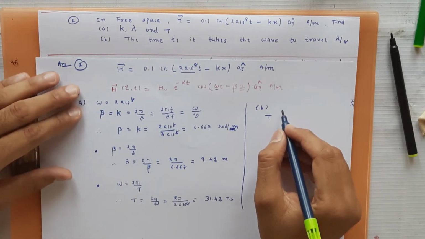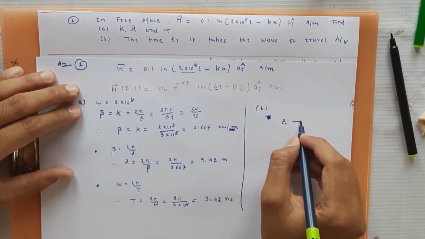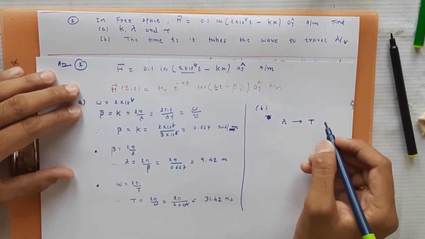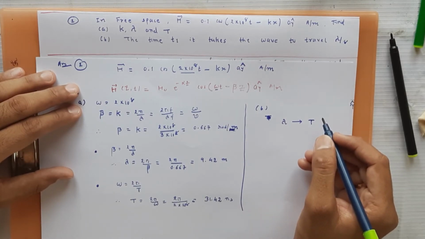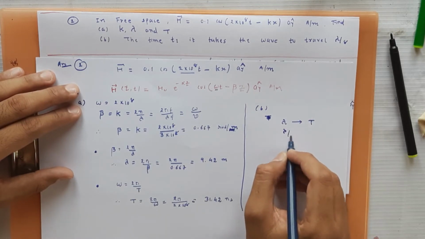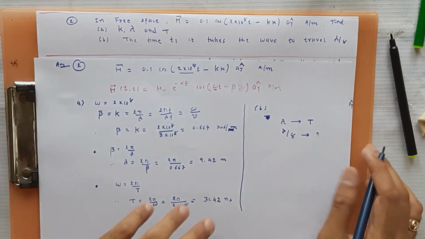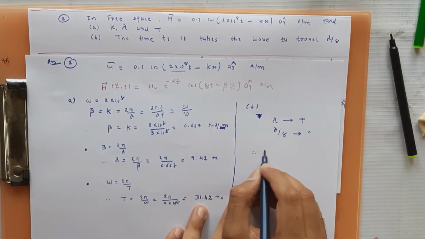So to travel a lambda distance, it will take total capital T time. So to travel lambda by 8 distance, how much time will it take? And it is nothing but my t1.